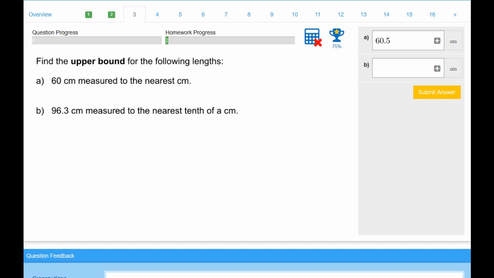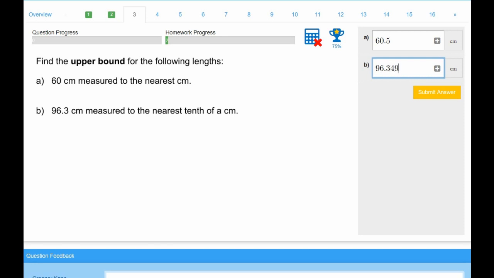And similarly for part B, 96.3 to the nearest tenth. Well, 96.31 would round down, 96.32 would round down, 96.34 would round down. Once I get to 5, strictly speaking, that would then round up to 96.4.